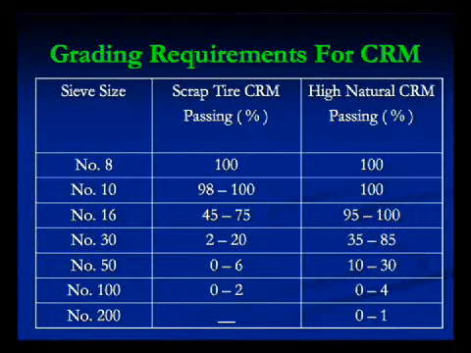You're looking at about 98 to 100% passing number 10, and number 16, 45 to 75%. These ranges are very important in the mix design of the asphalt rubber. So as a rubber producer, you need to be aware of the importance of these ranges and make sure you produce the rubber which was asked for. By the way, this is the range by specification.